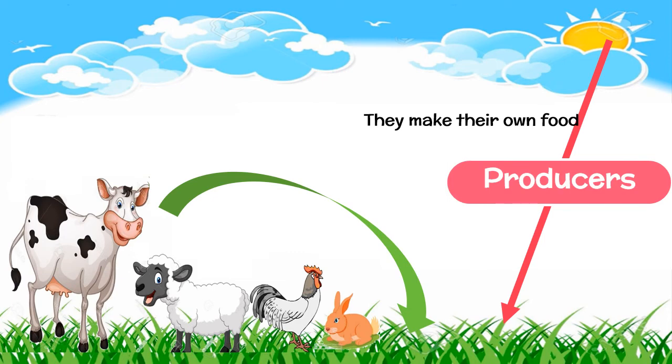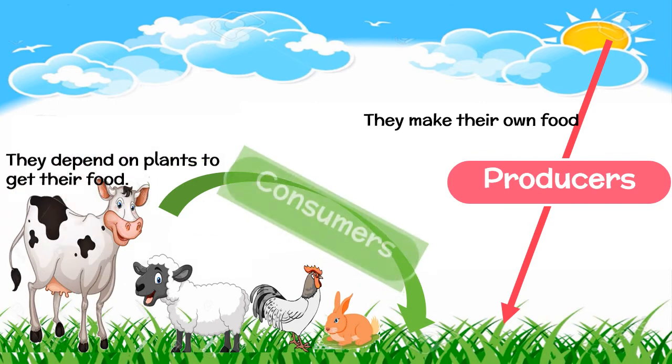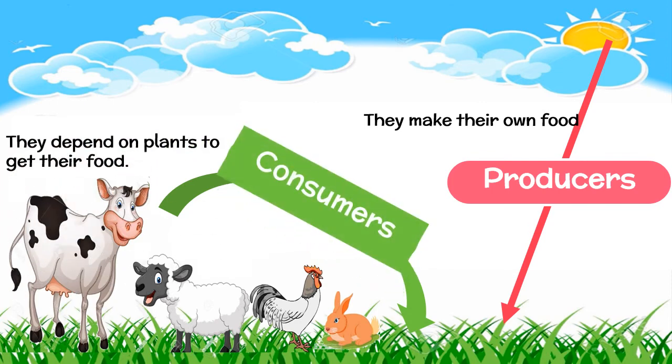But what about the animals? Because animals cannot make their own food and they depend on plants to eat, they consume the plants and they are called consumers. So until now we have two types of living organisms.